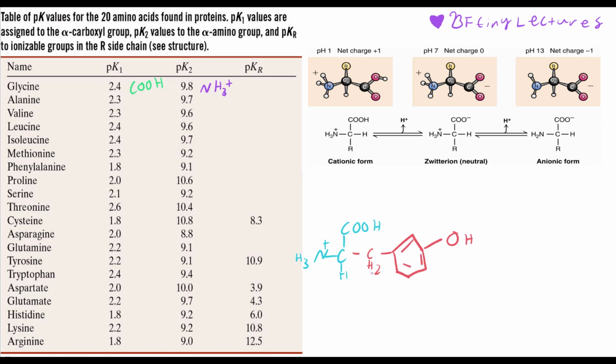Okay, so this whole red chain, well, specifically this portion right here, that's going to have a pKr value of, let's see, 10.9. Okay, 10.9. So that's the table that you can have as we do these practice problems, okay?